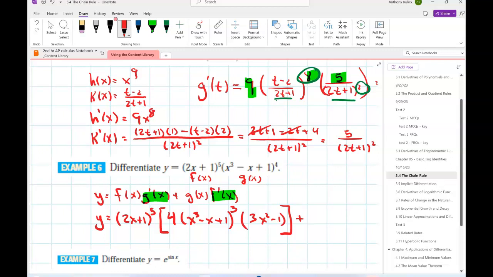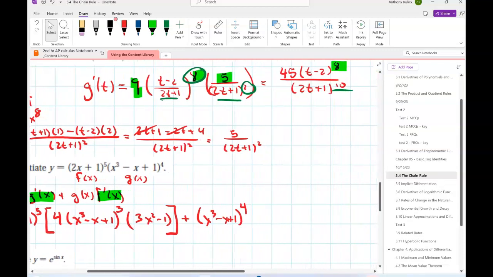Sometimes it's even easier to just write down what I've done and then do the chain. If the chain rules are easy chains, like power rule chain rules like we're doing here, it can be easier to just do it in our head.